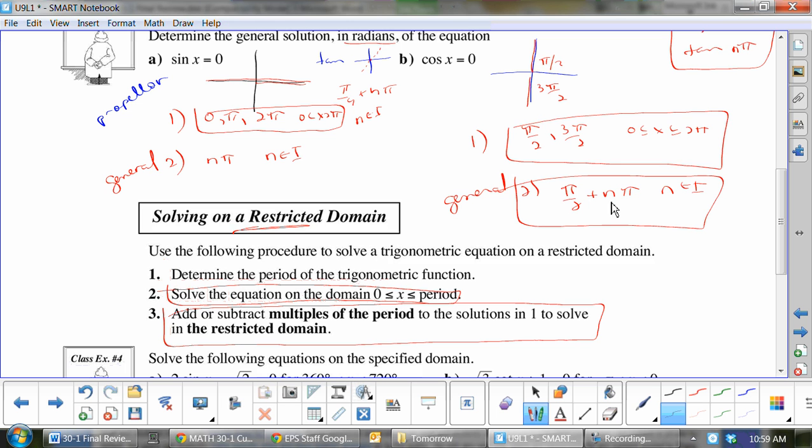If you made this 0, it gives you this one. But if you add 2 pi to this, you get 3 pi over 2. If you put a 1 here, this is the same thing as 2 pi over 2, correct? So 1 pi over 2 plus 2 pi over 2 is 3 pi over 2.